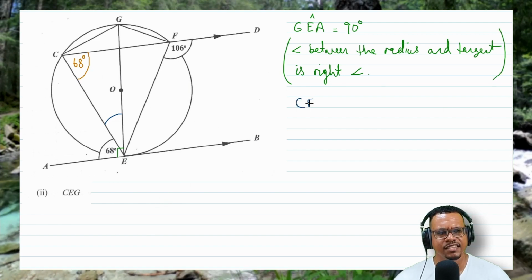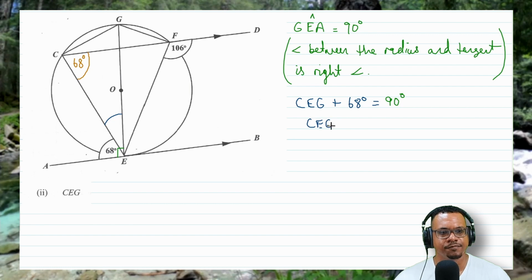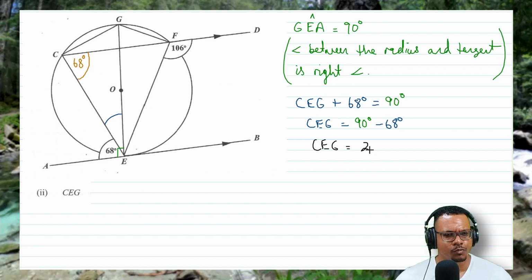So now angle CEG plus the 68 degrees must be equal to the 90 degrees, all right, because they are complementary angles. So angle CEG is equal to 90 degrees, take away 68 degrees. So angle CEG is equal to 22 degrees. And I'll just put complementary angles as my reason.